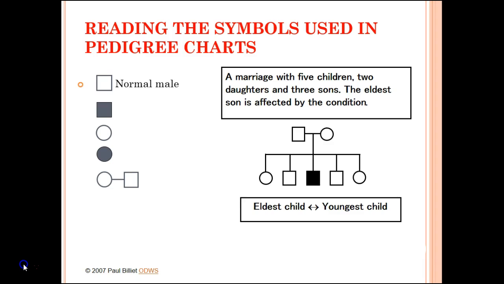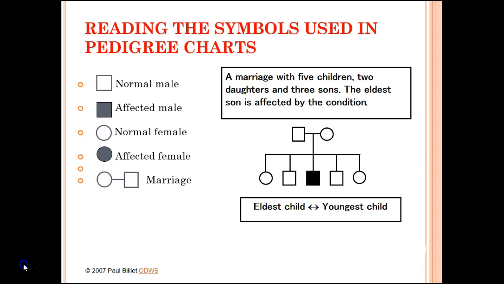Now, you'll notice that in some of these pedigree charts that I've shown you, some of the individuals are shaded in. Being shaded in has a meaning. Any shape that is shaded in means that person is affected with whatever genetic disorder you're tracking.